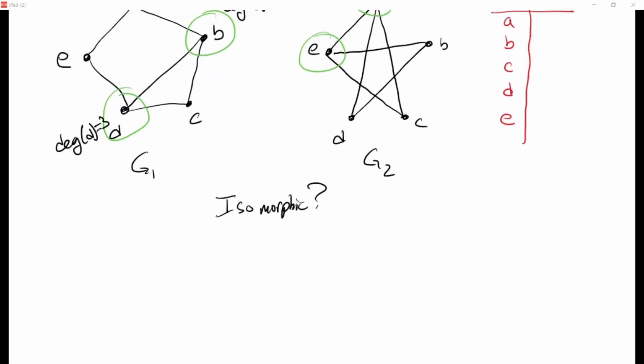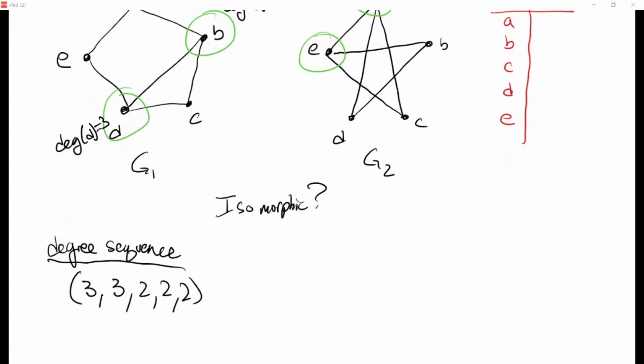So let me write this down. This is called a degree sequence. It is just a list of all of the degrees in a graph.